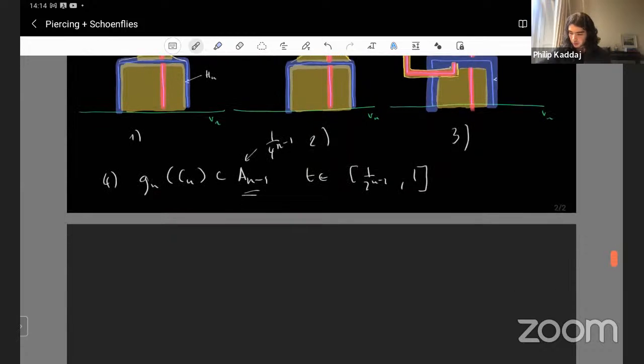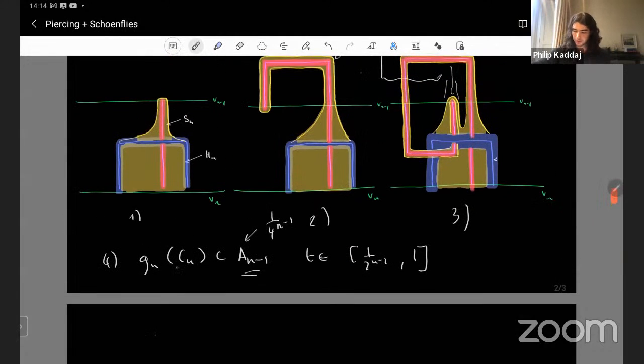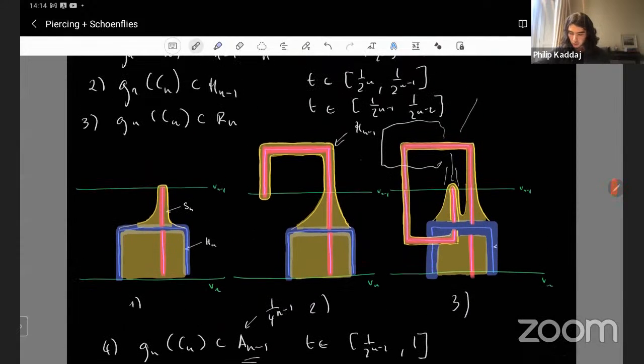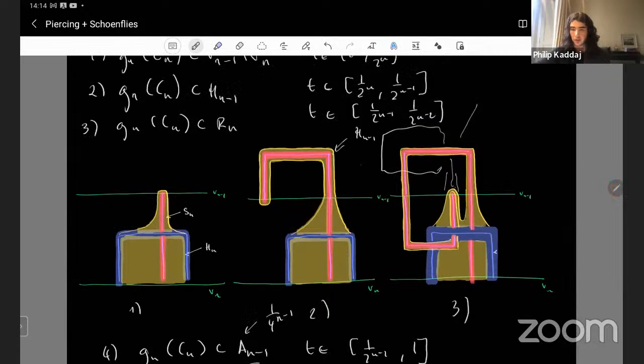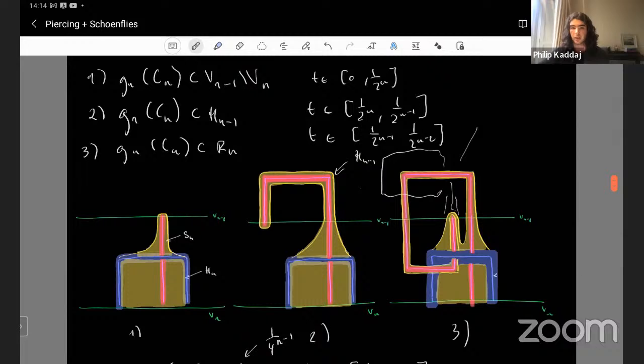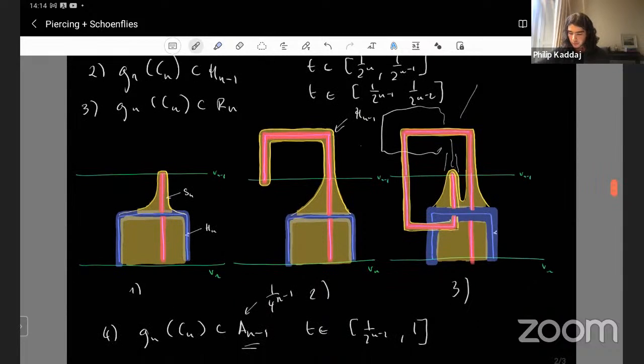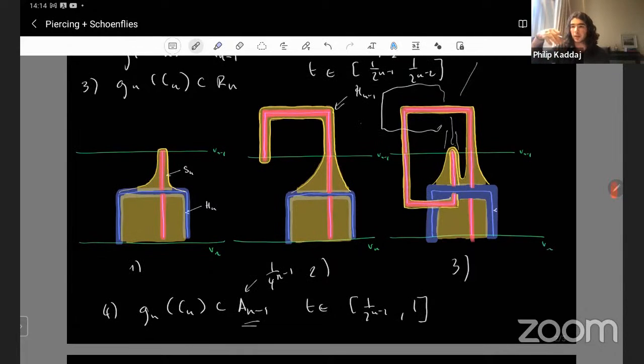Okay, and notice that while we said this for C_n, the conditions 1 to 4 apply for C_n, then they also apply for A_n. We can satisfy them simultaneously for C_n and A_n. A_n is the red arc, and C_n is the cube, which forms a hat over the arc.